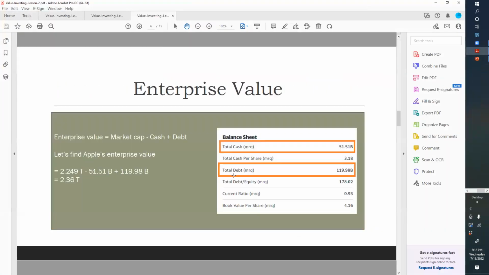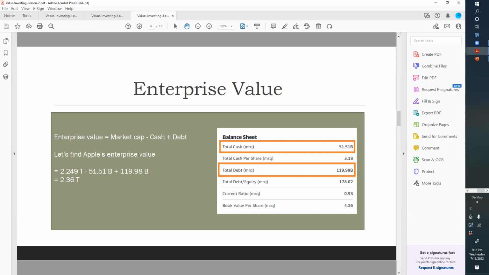Let me see if I have corrected it here. Okay, so I have corrected it here. If you see the market cap, and then you add the debt, and then you reduce the cash, that will give you the enterprise value.